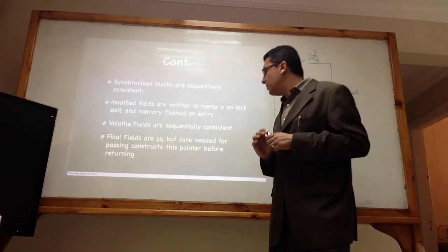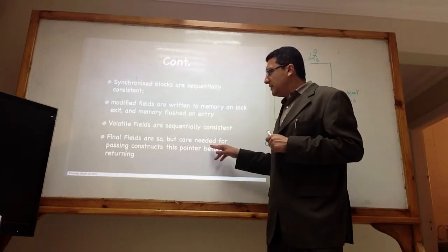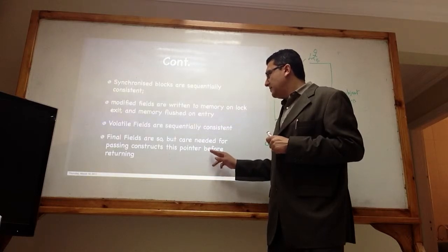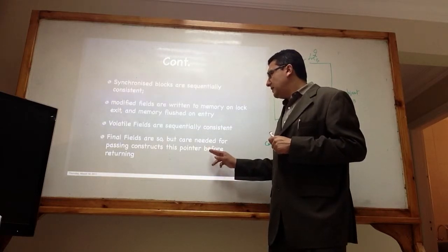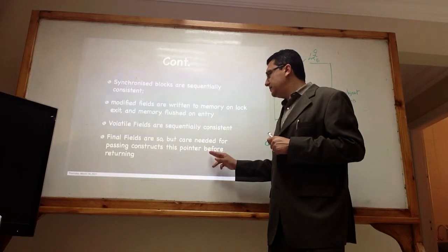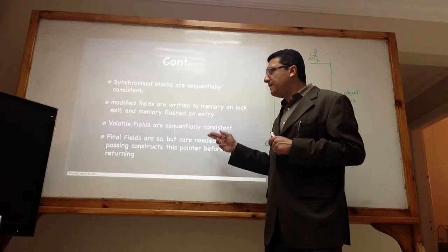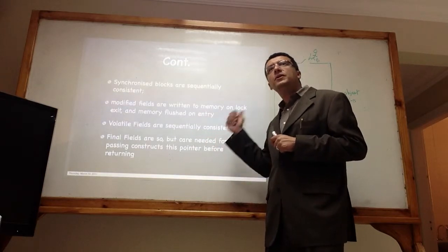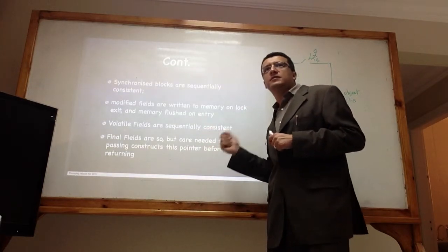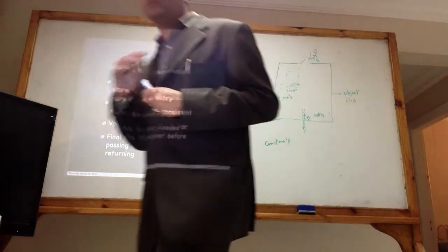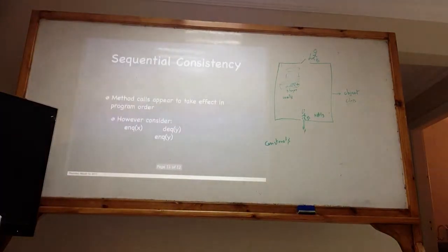So I think what can possibly happen wrongly is that you are still initializing the final field and someone else is reading it while you're still initializing. I think this is what's meant here. You can also check it in the book. Anyway, sequential consistency, okay.